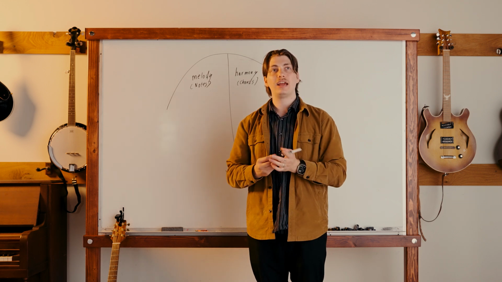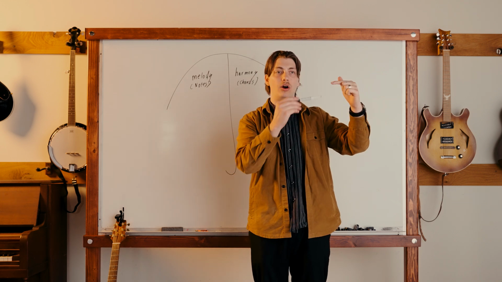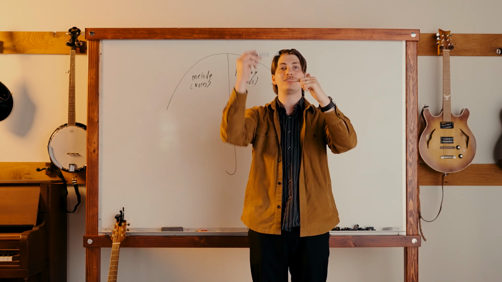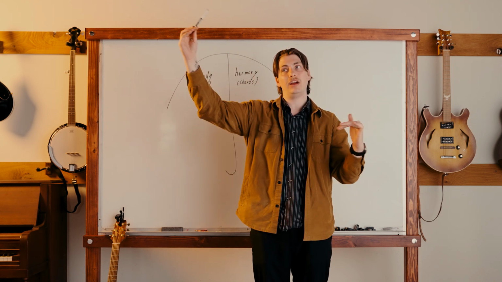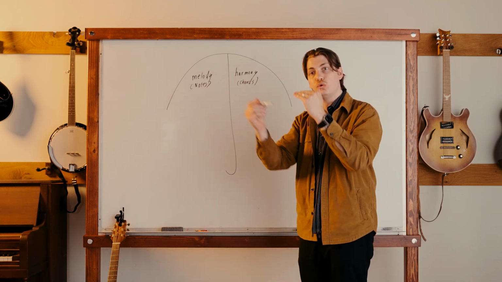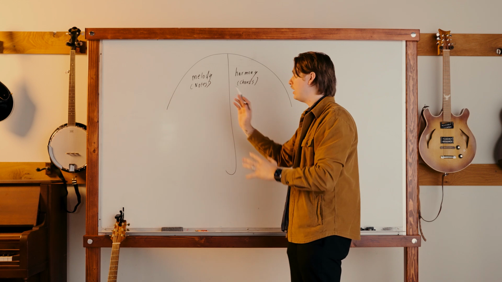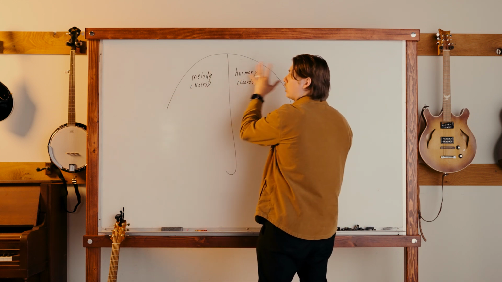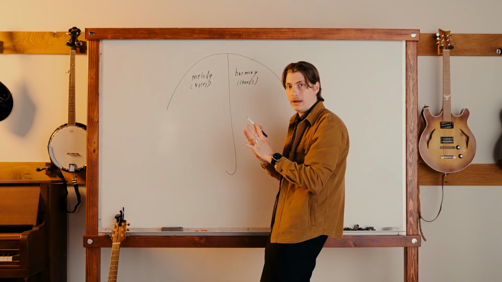It's like when one person sings and the other person sings, and then there's another person that sings, and they all sing at the same time. Those are harmonies. So there's melody, those are notes, and then there's harmony, those are chords.